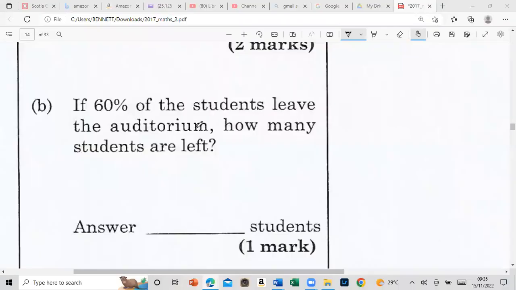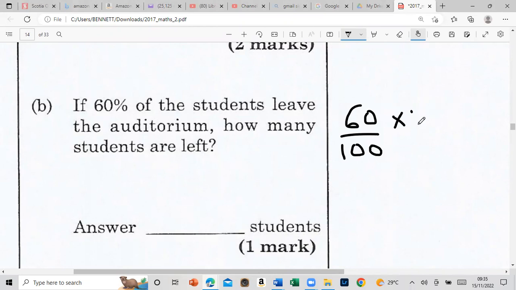Alright, so let's find 60% of the total, which is 300, right? So it's 60% of 300, that's the total number of students. So let's calculate. That would be 180. 6 times 30, 180.